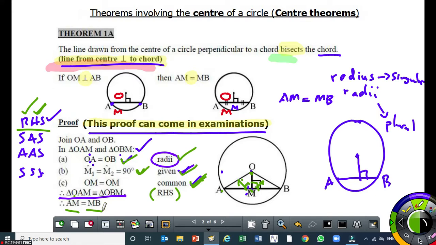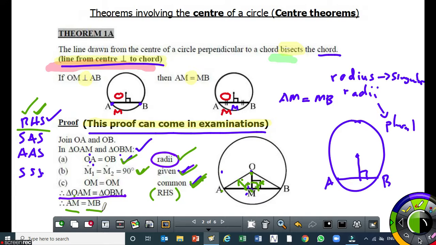Right, any questions before I introduce the converse? In the exam, they say join and prove. In an examination situation, they'll give you a diagram like this.